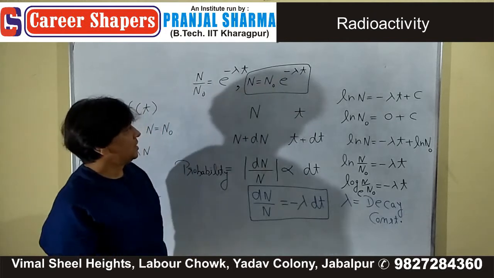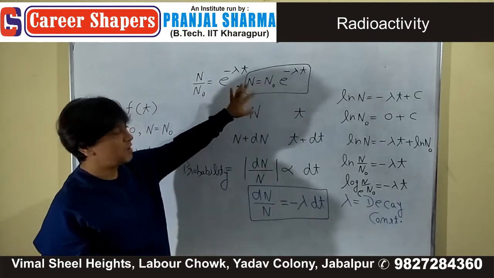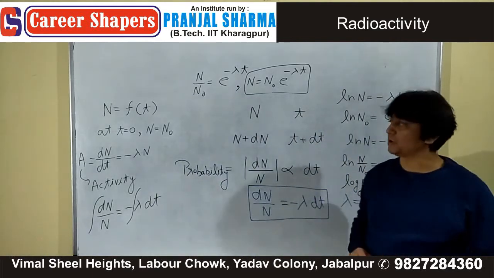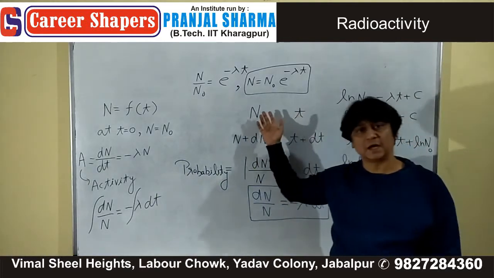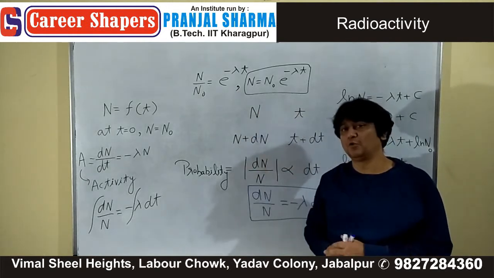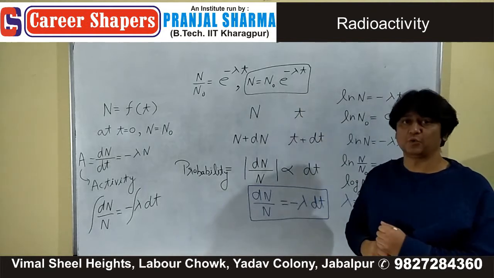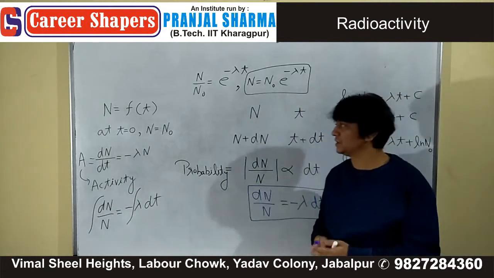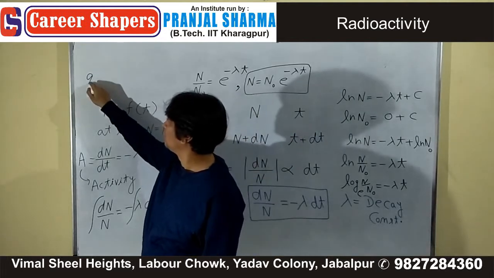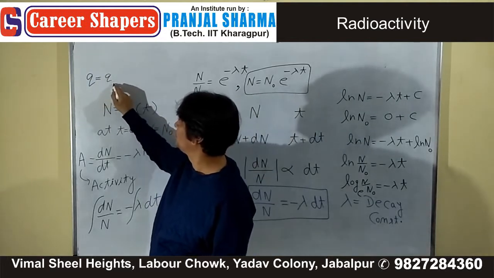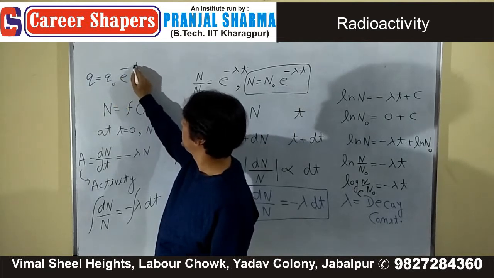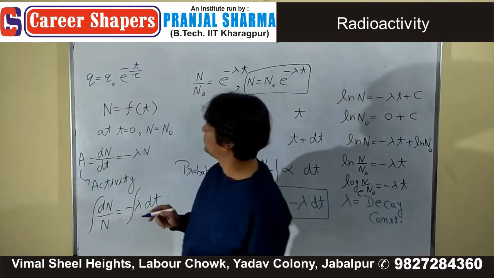Now, I told you that this is something which you have already done in capacitors. If you remember charging and discharging of capacitors, radioactive disintegration is equivalent to discharging of a capacitor. During discharging of a capacitor, we wrote Q as Q naught e to the power minus t upon tau.